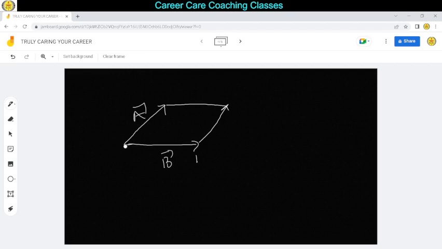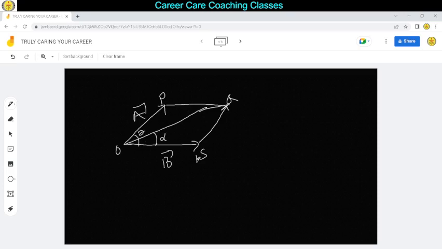Suppose this is O, P, Q, S. The resultant of vectors A and B is OQ. This angle is theta.